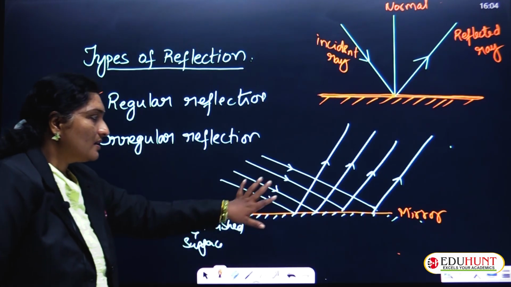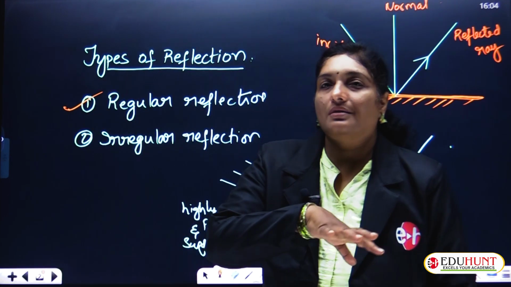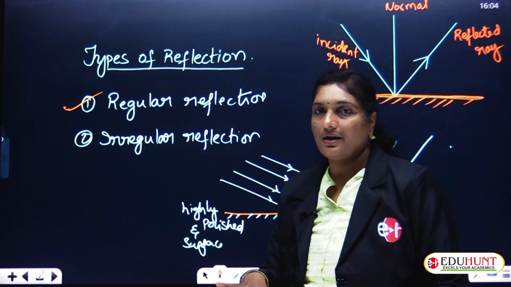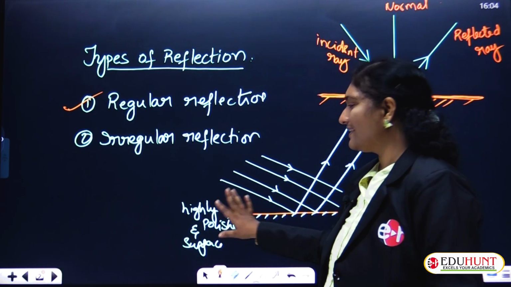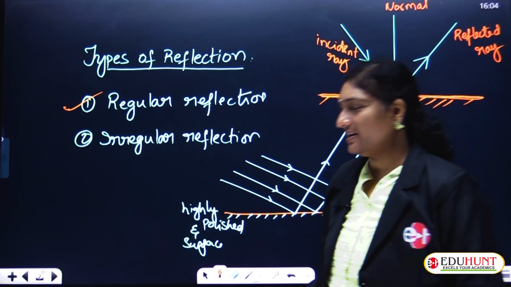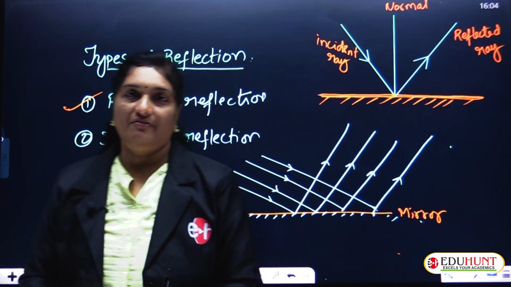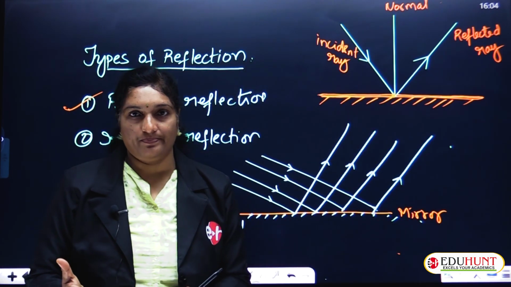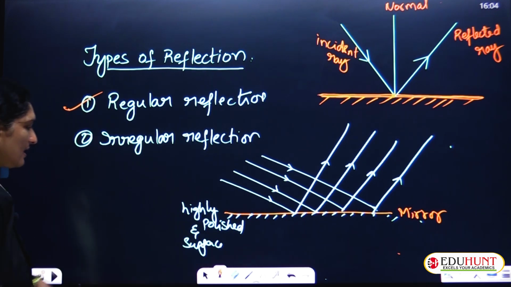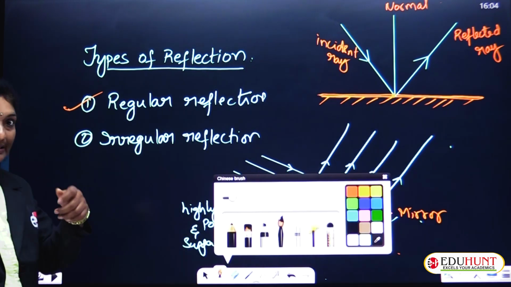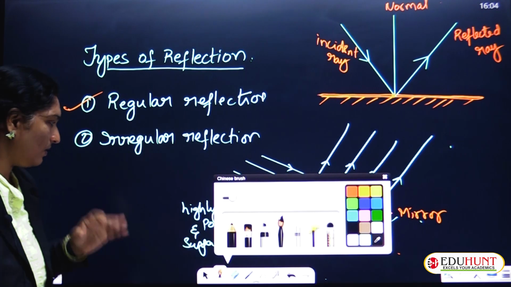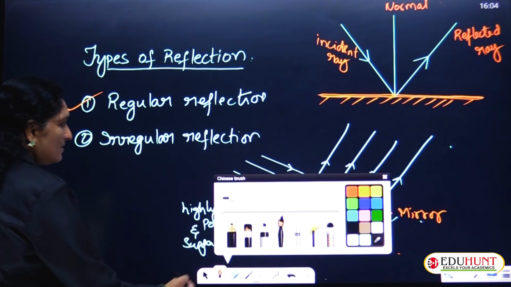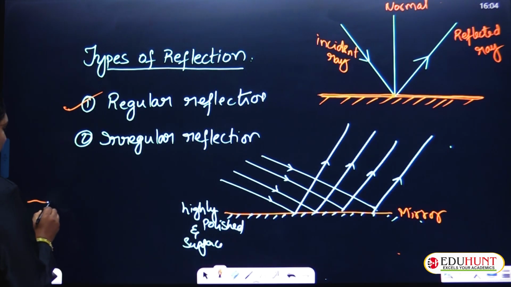But if the surface is not that polished, only lightly polished, not smooth, but rough, then if you observe it with the help of a microscope, you can see some sort of zigzag pattern like this.